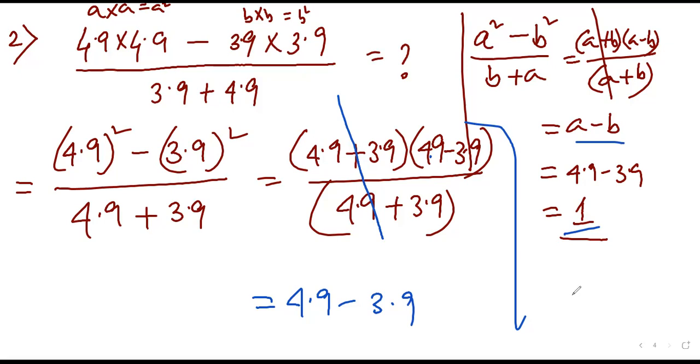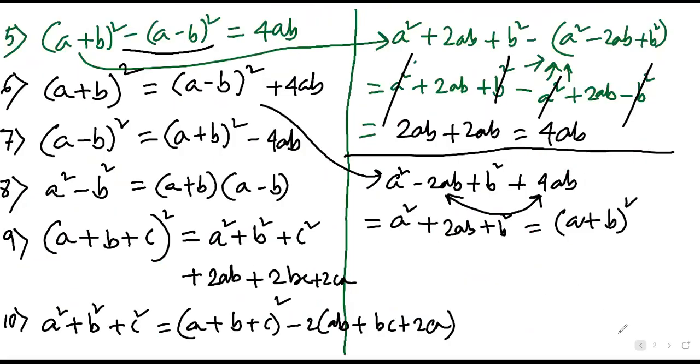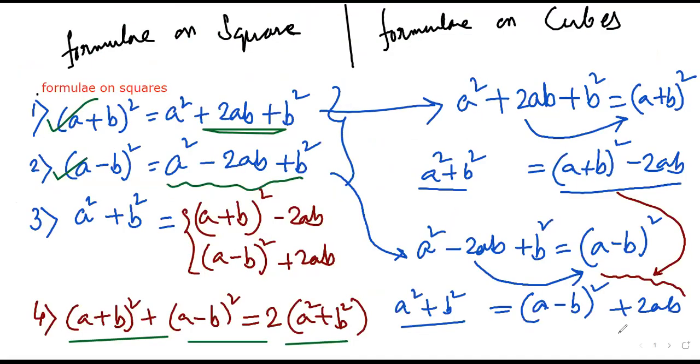So let's summarize again what we have learned today, and I'm going to end today's class, and I will make more examples for you on the next class. Just right now let's summarize what we have learned.